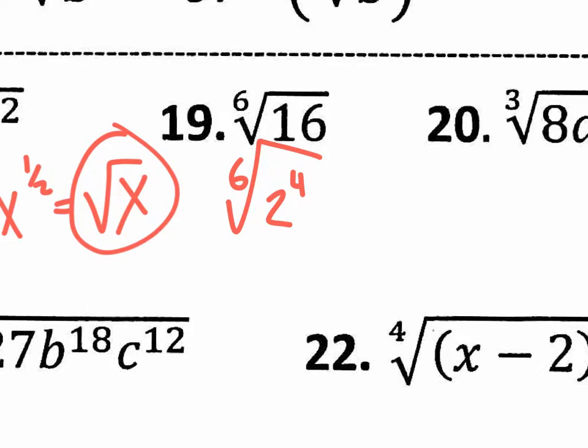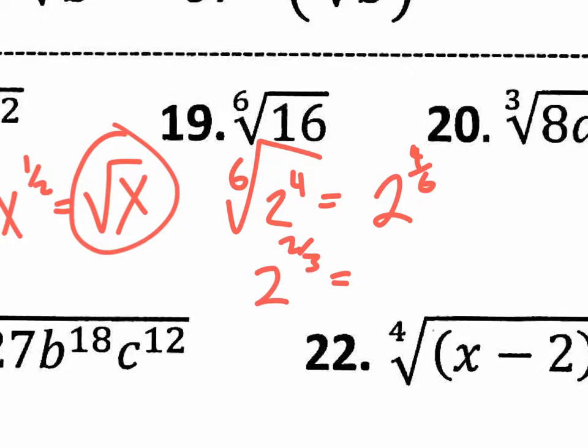So if you have the 6th root of 2 to the 4th, now you could rewrite it as a rational exponent, and that would become 2 to the what? 4/6. And 4/6 could be reduced down to 2/3. So you really have 2 to the 2/3. Unfortunately, there's nothing else we could do here.